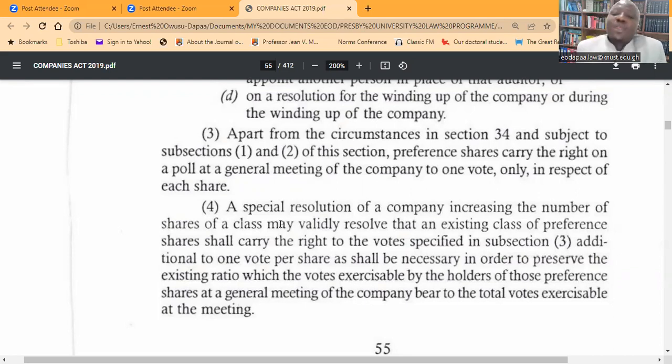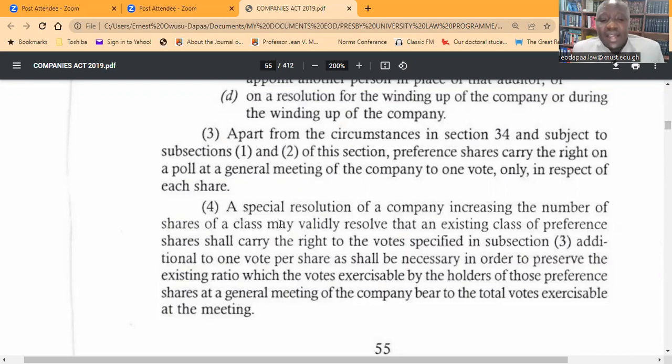In other words, where you have preference shares and the preference is in relation to voting rights, they are given more votes, or they have more say when decisions are being taken in the company.